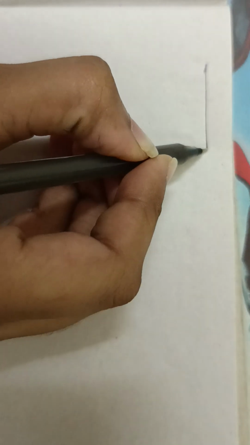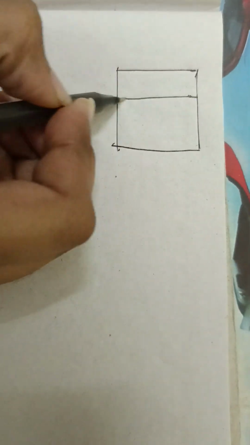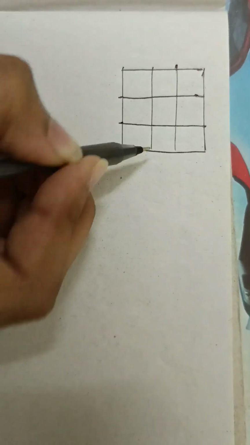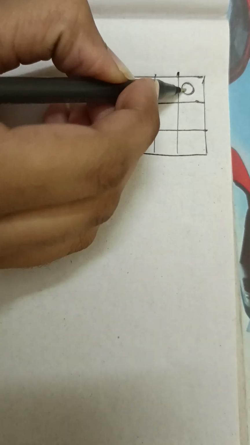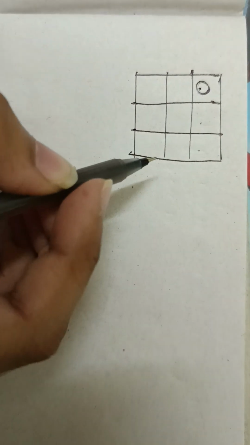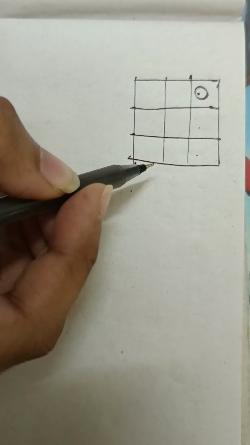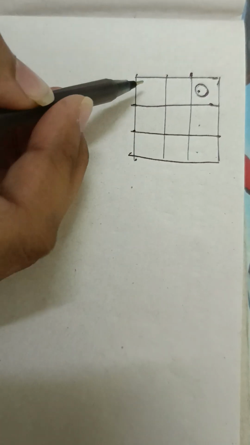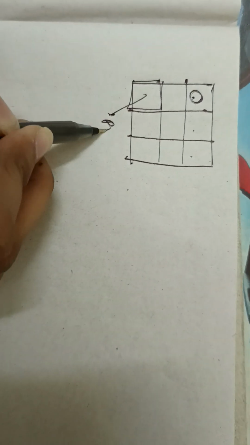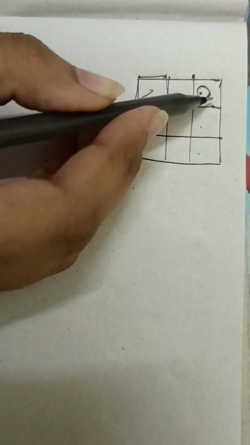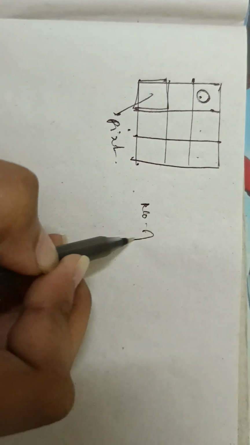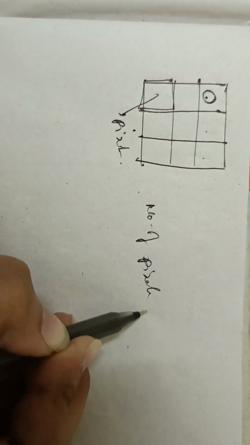Now learning about pixels. Here the single square is a pixel. Generally, an image is made up of tiny square-like pixels. These tiny squares are called pixels. An image refers to the number of pixels it contains.